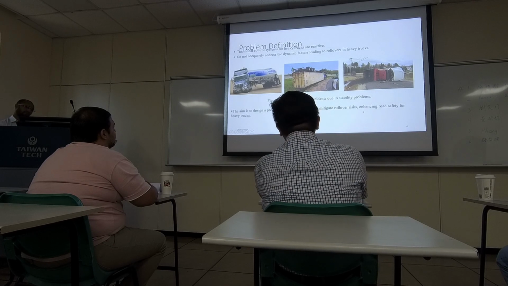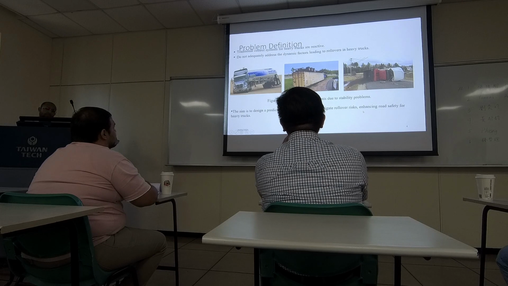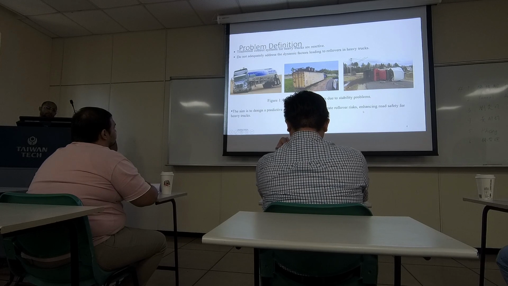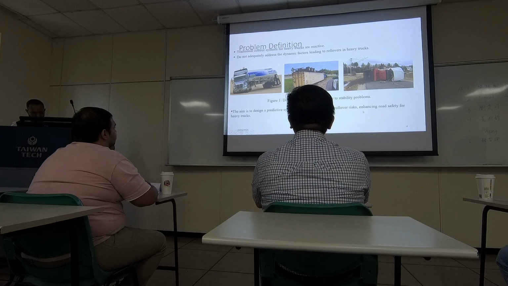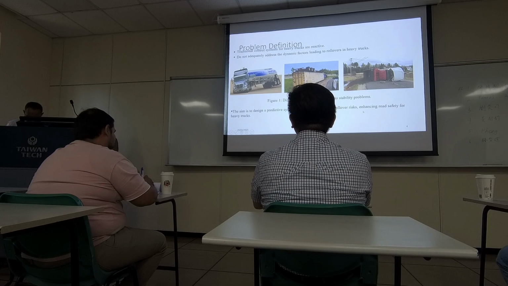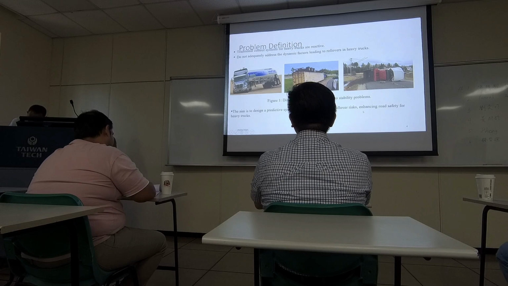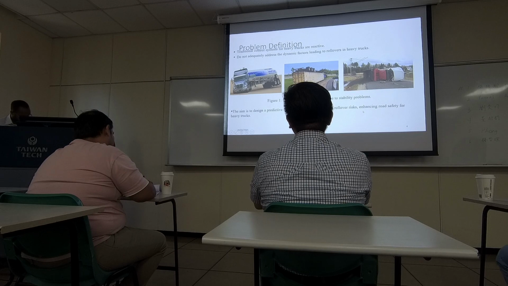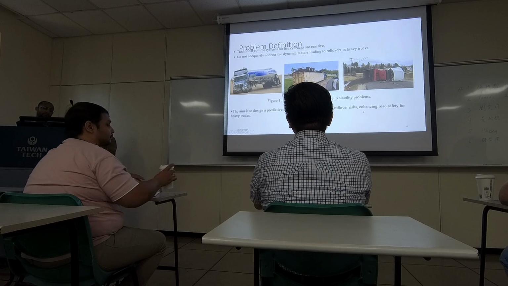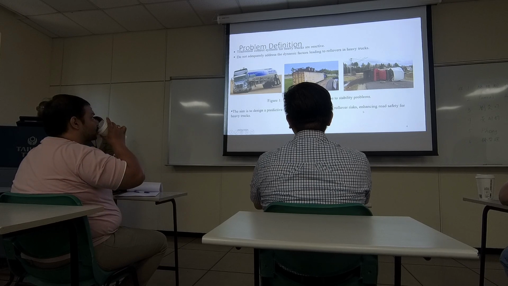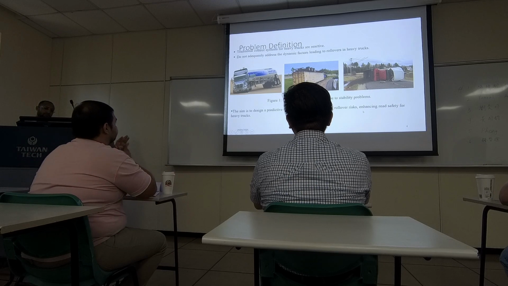Our problem definition is that traditional control systems for heavy trucks are reactive and do not adequately adjust to dynamic factors, leading to rollover in heavy trucks. The figures show different vehicle accidents due to stability problems. And the aim is to design predictive systems using MPC to mitigate rollover risks and enhance road safety for heavy trucks.